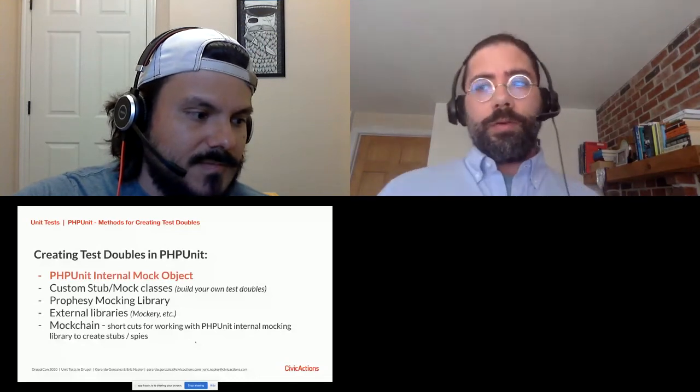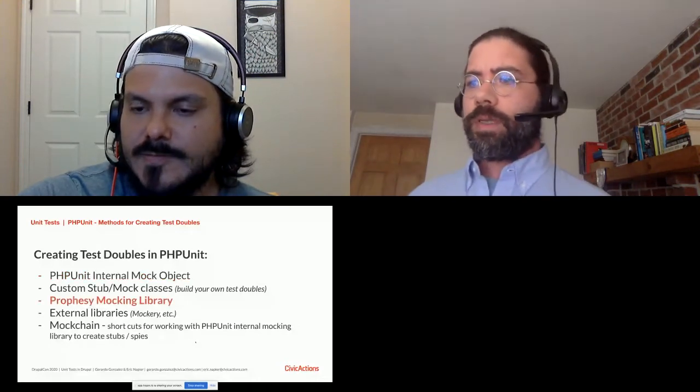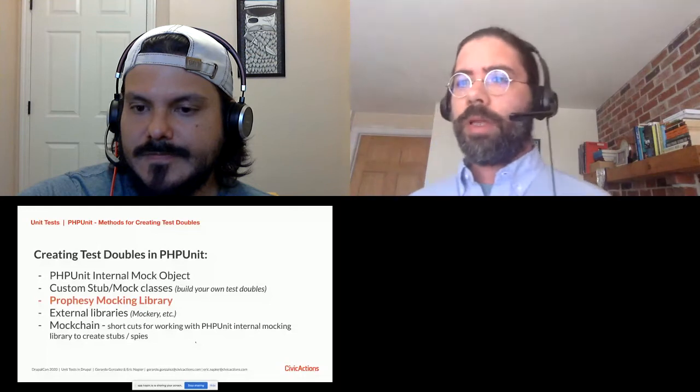PHPUnit also includes a Prophecy library, which is used by some modules in core. It provides a bit of a different workflow for creating test doubles. We've not really adopted it yet in our own workflow, but since it's built into PHPUnit, you should really check it out. There are also some external libraries.